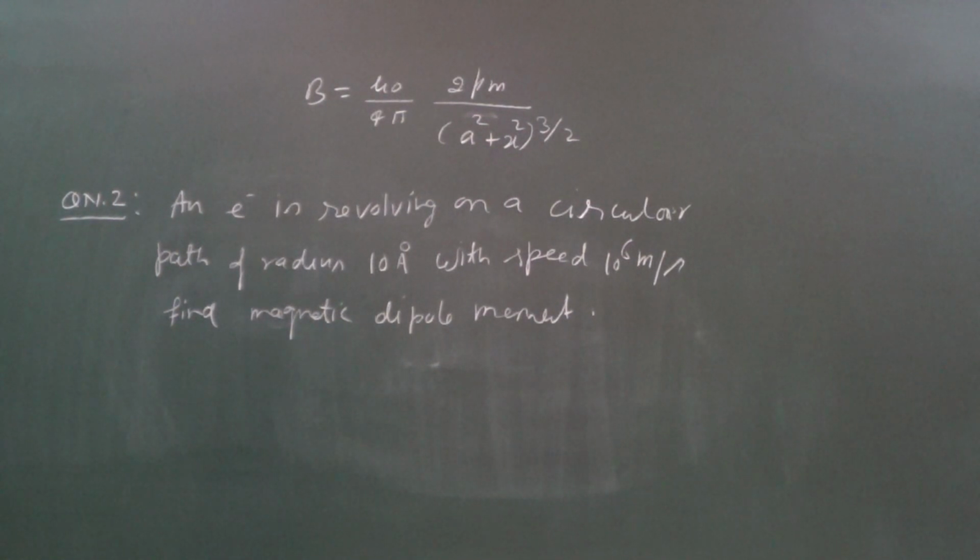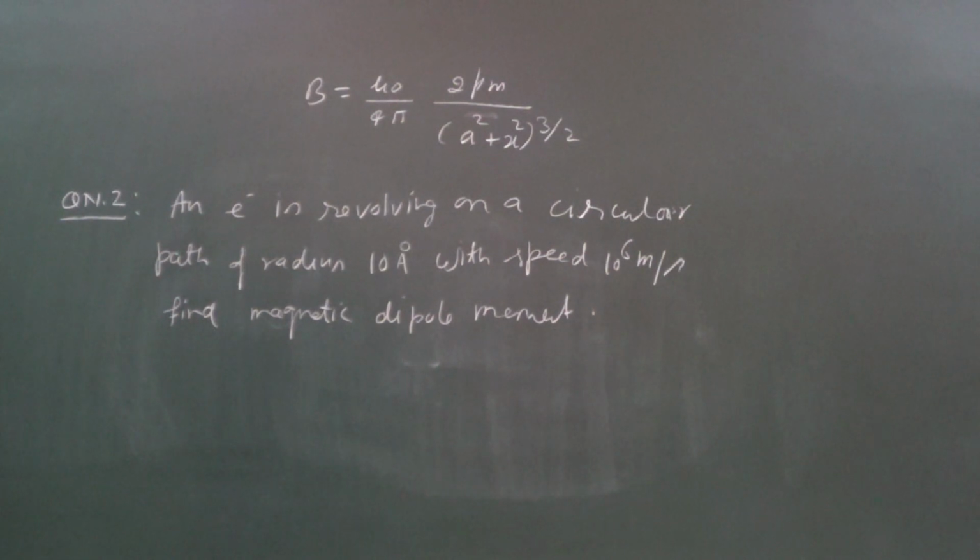I have taken variables similar to the previous question, but the final question is changed. In the previous question I asked about the magnitude of the magnetic field, but in this question the dipole moment of this system has been asked.